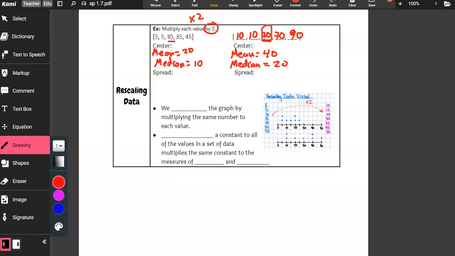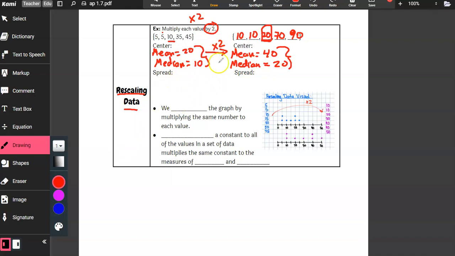Here's the median. So compare them. What happened with this to this? So by multiplying 2 to everything, we are rescaling the data. So now we see that the mean went from 20 to 40. The median went from 10 to 20. So it got multiplied by 2.